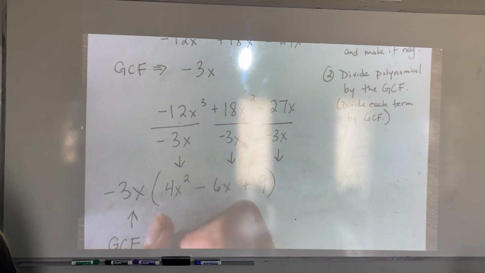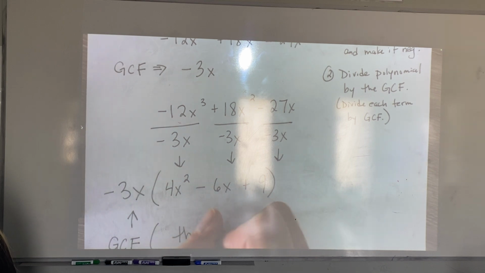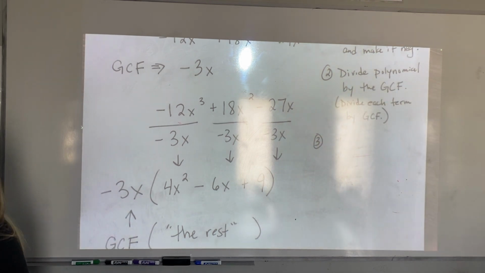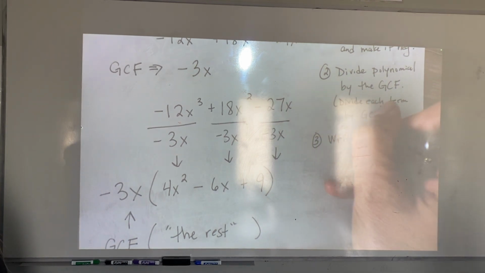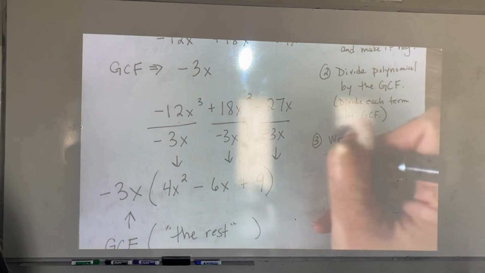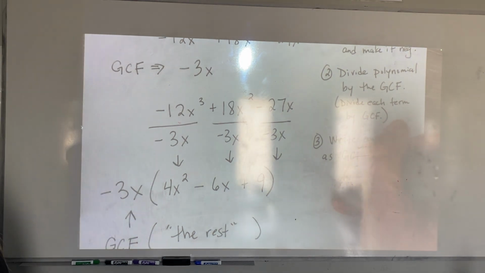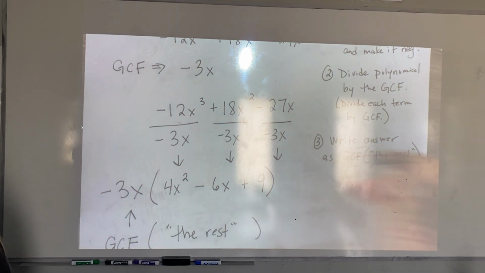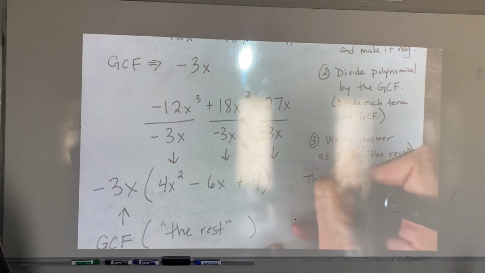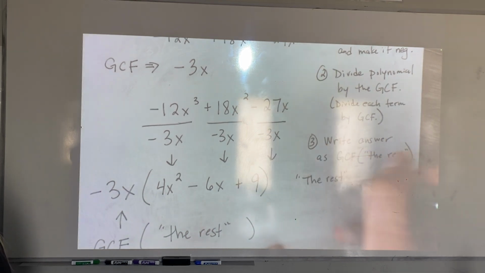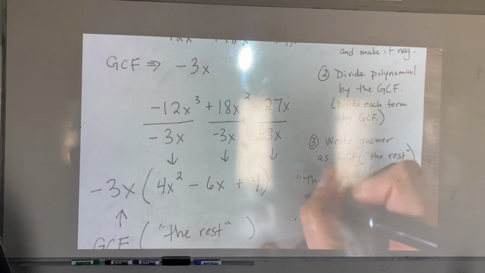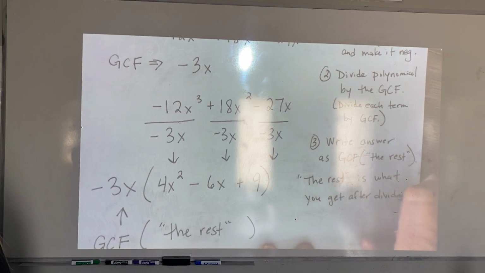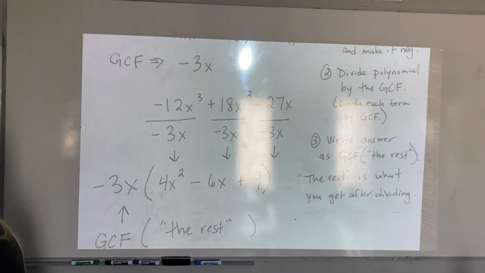Write answer as GCF times the rest. And the rest is what you get after dividing. Does that make sense?